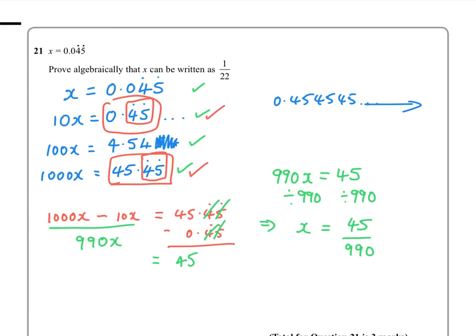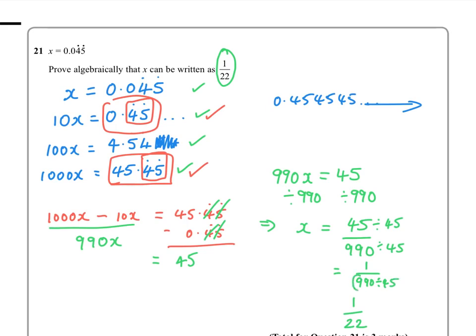You haven't got a calculator, so you've got to show that it can be written as 1 over 22. So if you know that this is where you're heading, then what you could do is just divide top and bottom by 45, and then that would lead to 1 over 990 divided by 45.